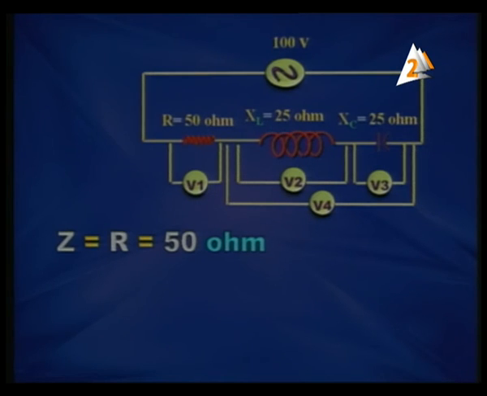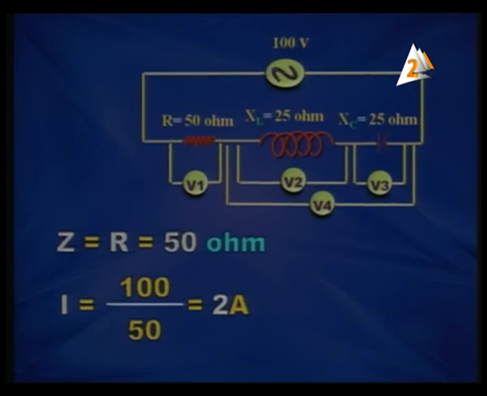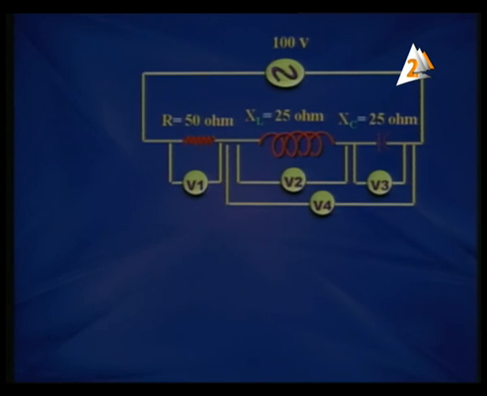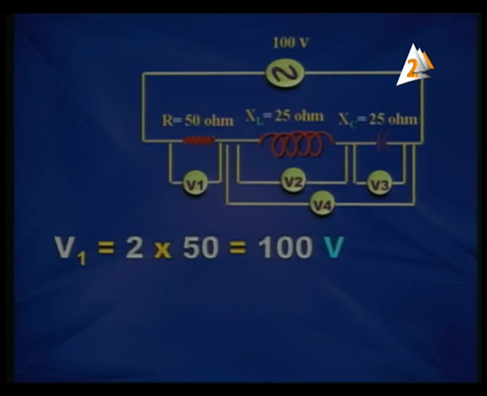We are in a state of resonance, so the impedance is equal to the ohmic resistance. It is equal to 50. Current is equal to the voltage, 100 over Z, which is 50, so it is 2 ampere. Voltage V1 across the ohmic resistor is current times the resistance, 2 times 50, 100.